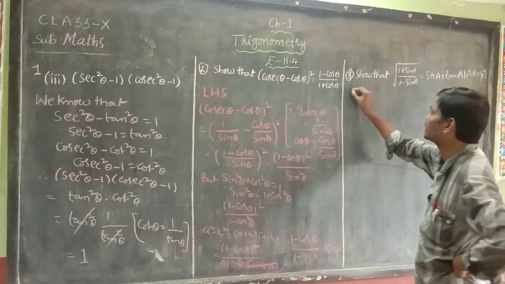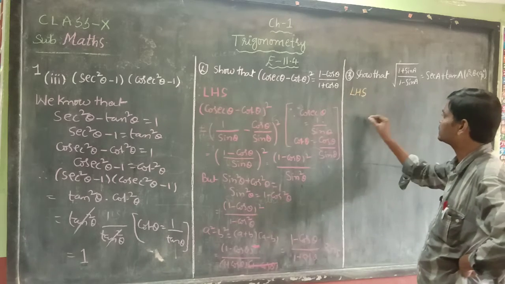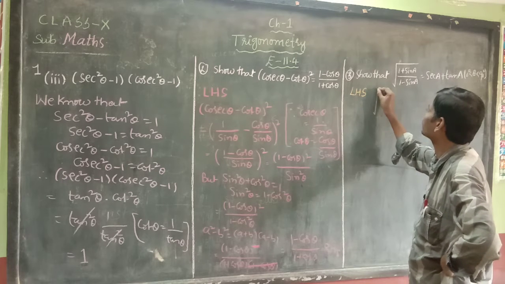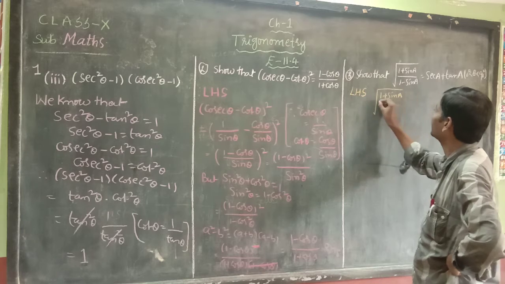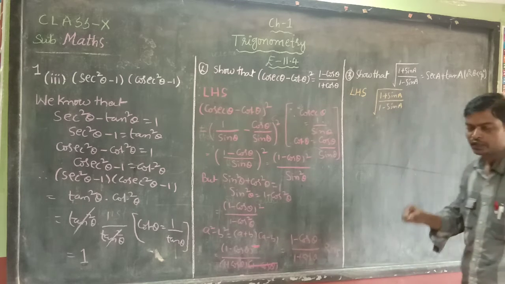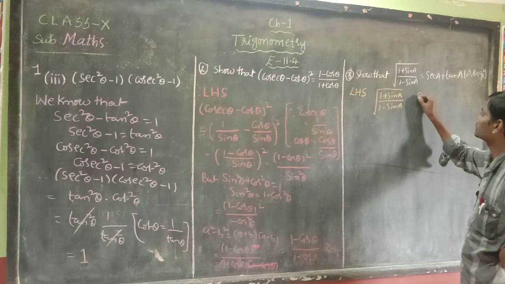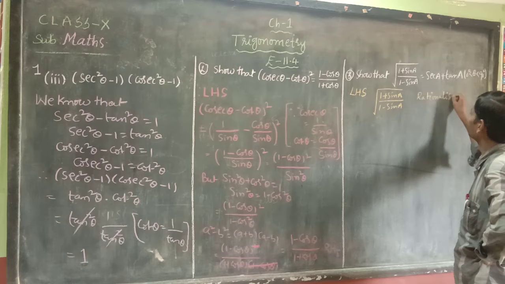Here also, you take the LHS. What is the LHS here? Under root of (1 plus sin A) by (1 minus sin A). Here, rationalizing the numerator.